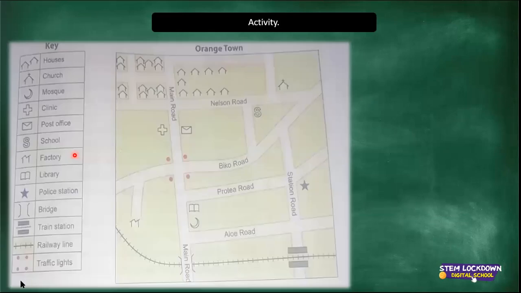Let's quickly look at it. This is a map for Orange Town. You see, we have keys that identify the symbols that are in this Orange Town map. Okay, I'm gonna bring up the questions right now so you can answer.